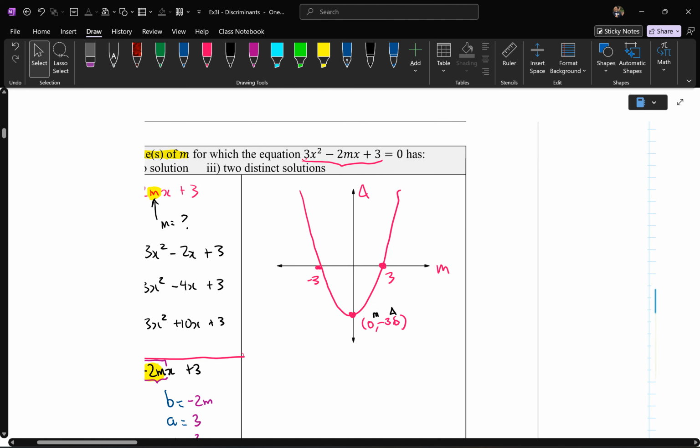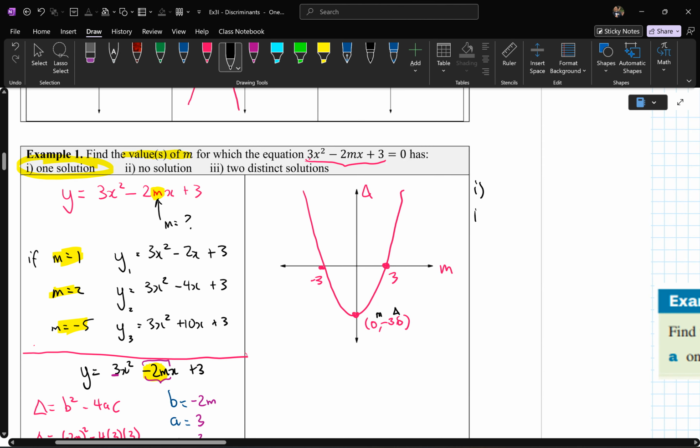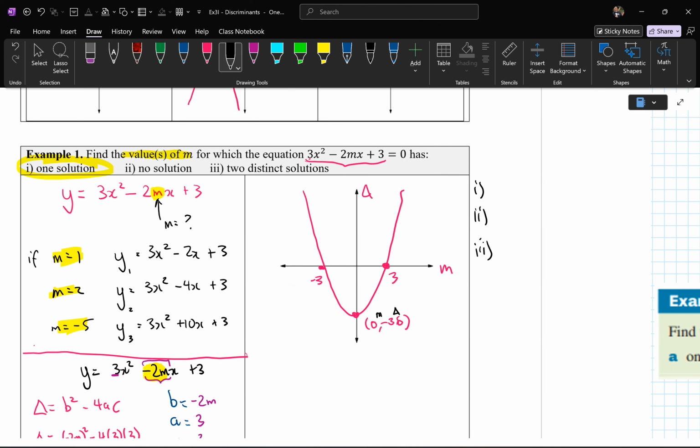So answering the questions, you've got 3 sections, i, ii, and iii. First one says, when will you have 1 x-intercept? Clearly, right here. Not in between. It's when m is 3, discriminant is 0. Yeah, remember, because we need the discriminant to be 0 for 1 solution.